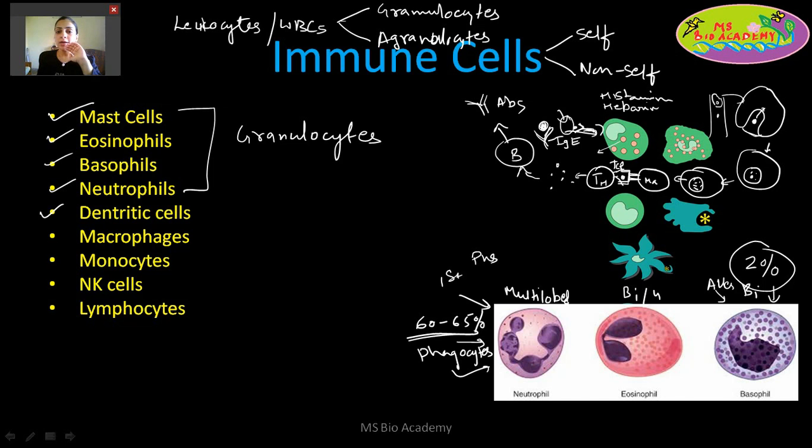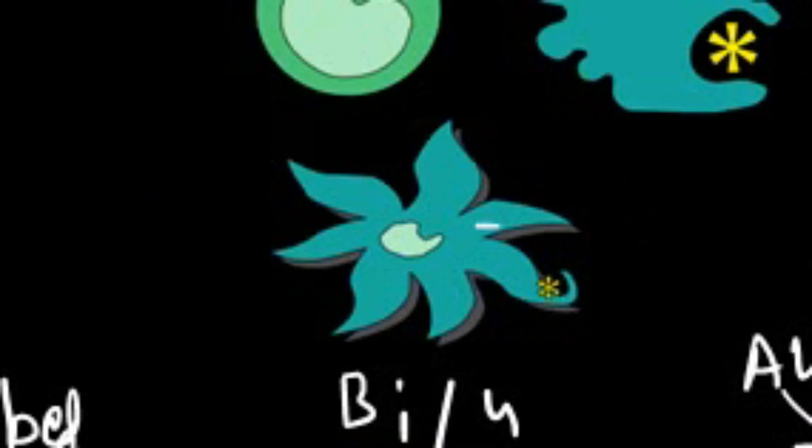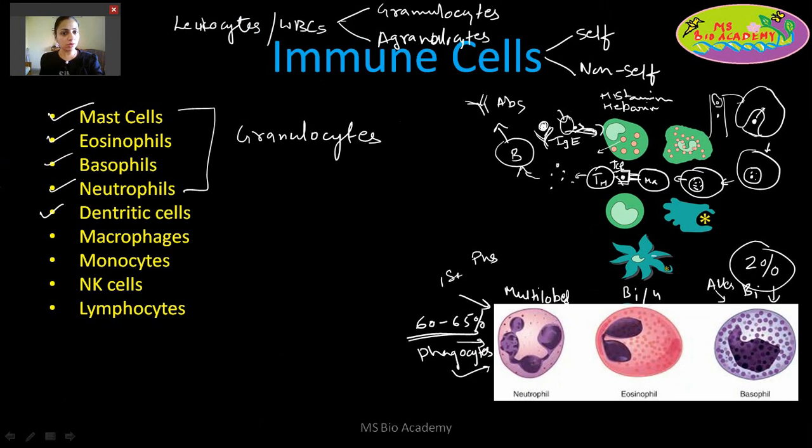Their name is just because they have these projections from the cytoplasm, similar to the dendrites of the nervous system. Otherwise there is no connection between the nervous system and the dendritic cells, right? They are completely immune cells.